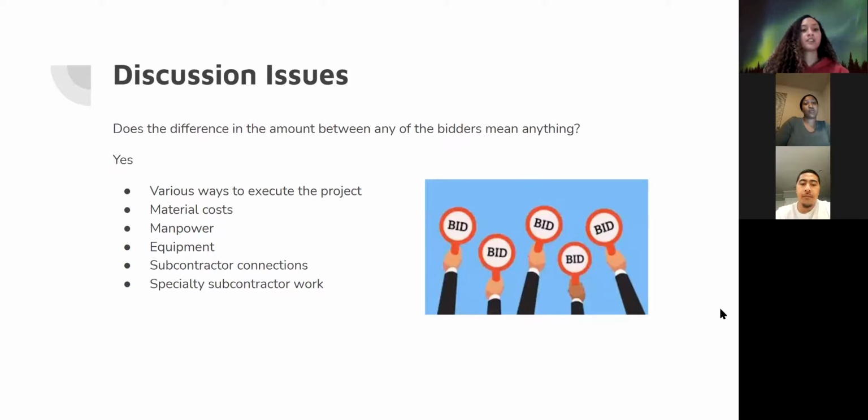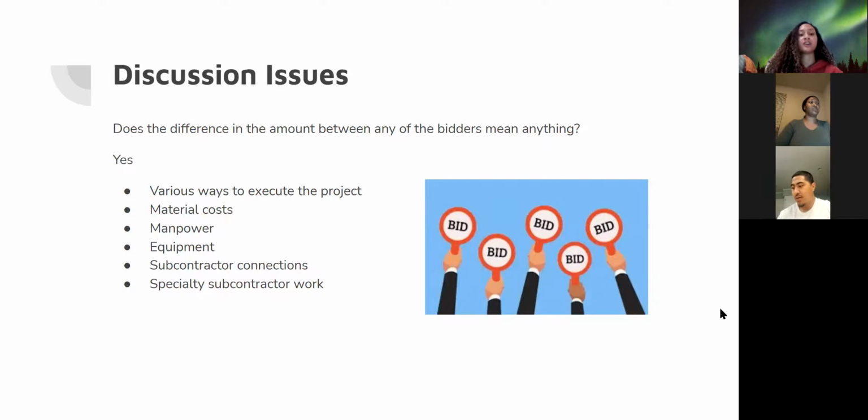Okay, so for the next question, does the difference in the amount between any of the bidders mean anything? Overall, yes, it showcases the various ways that each contractor can execute the project.